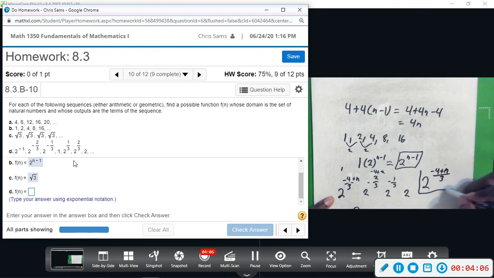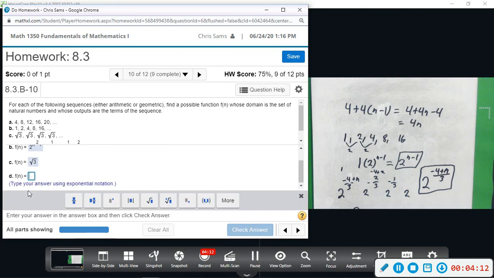Okay, this is going to give us our function, kind of seeing what's happening, and that will fill in all those terms. So 2 raised to the fraction negative 4 plus n, or you can say n minus 4, over 3.